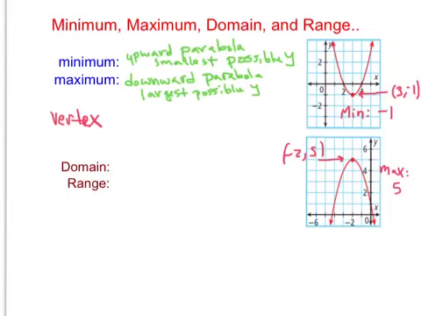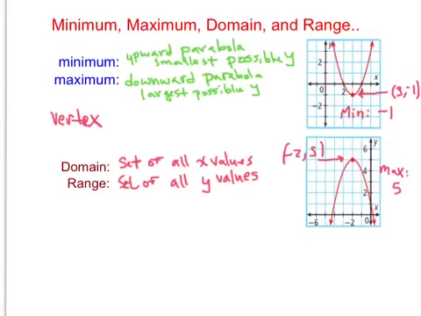And so that kind of brings us to domain and range, and we've kind of already talked about domain and range. And so the domain and range are as follows. Our domain is the set of all our x values, and the range is the set of all our y values. So what I'm going to do first is label these graphs.